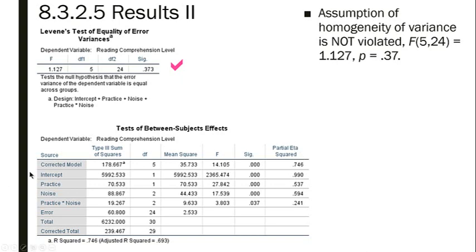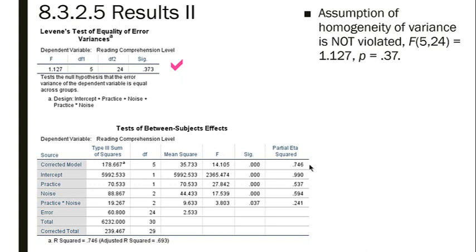All right, so the first row of this tests of between subjects effects table is the corrected model, and you'll notice that it's got 5 degrees of freedom, it's got an F of 14, so it's statistically significant, and it's got a relatively high, impressive partial eta squared. We're not actually interested in that in this case.